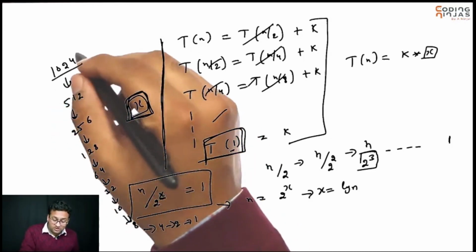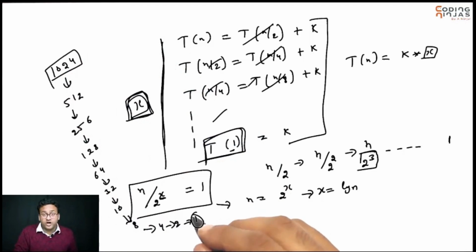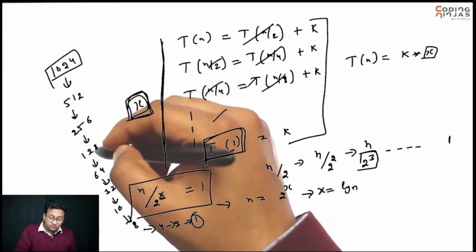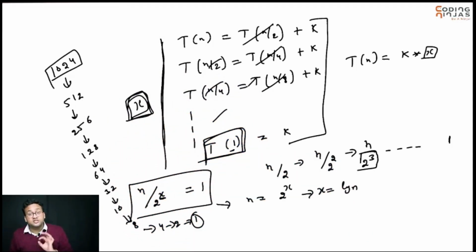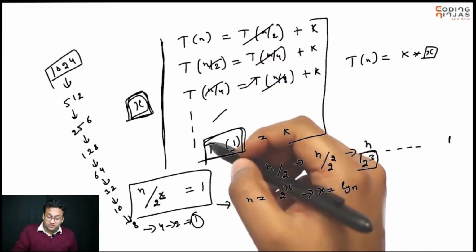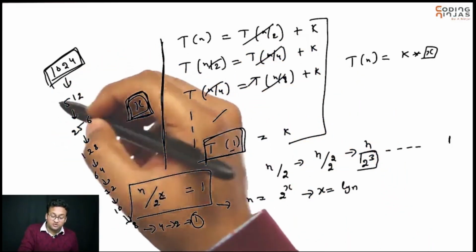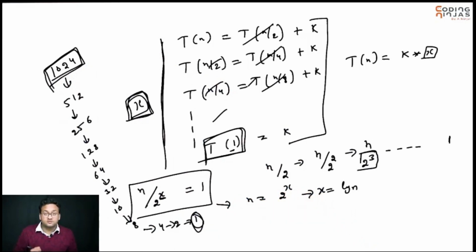So from 1024 I was able to reach 1 in how many times? 1, 2, 3, 4, 5, 6, 7, 8, 9, 10. Just 10 divisions. 10 times I had to do this work and I have reached from 1024 to 1.